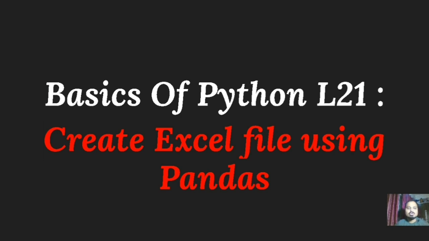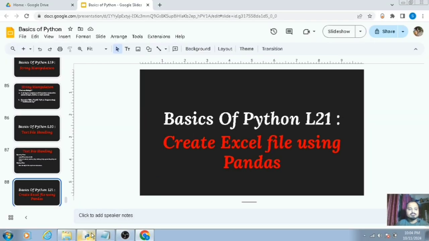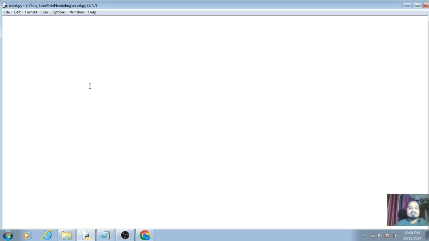Okay, now let's go to the Python IDE. So I have already created this file. Now, initially I have to import the pandas library. So how can I do this? For that I have to write import pandas as pd. This is how you can import the pandas library into your file.